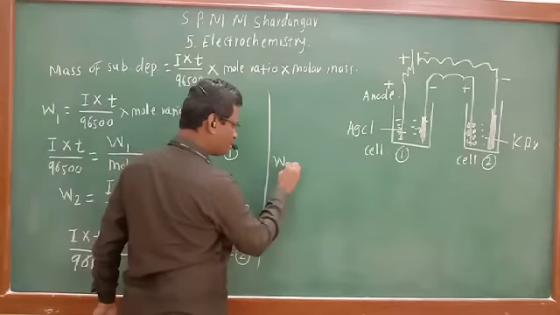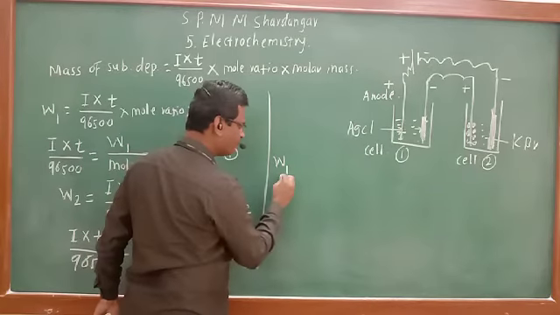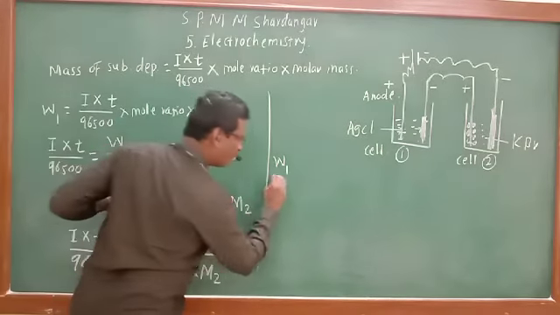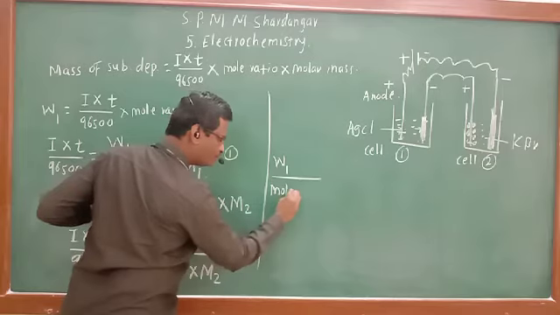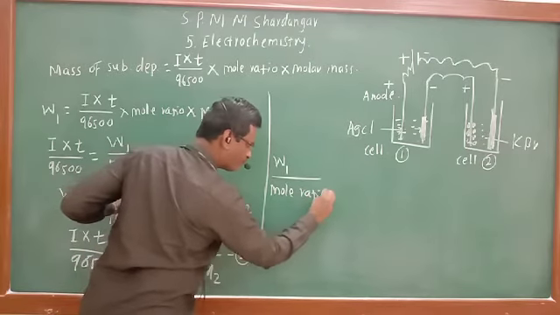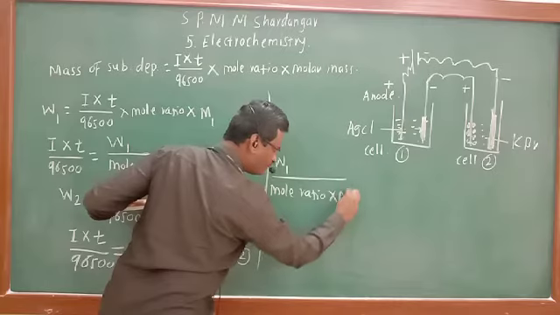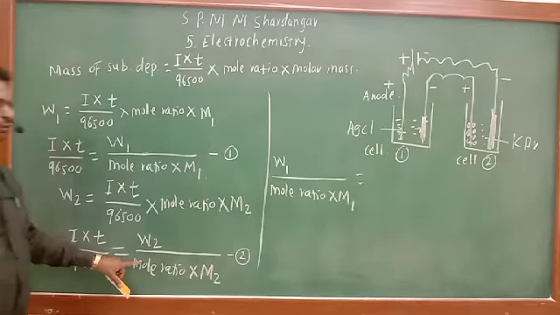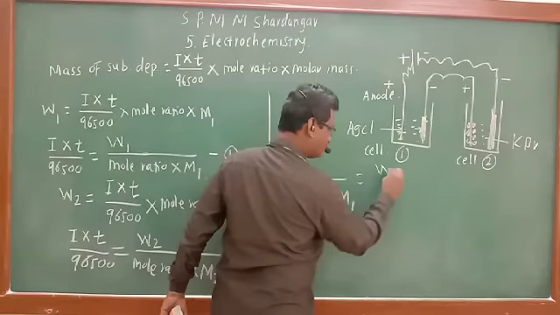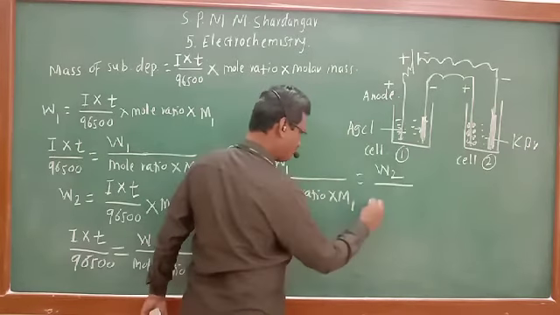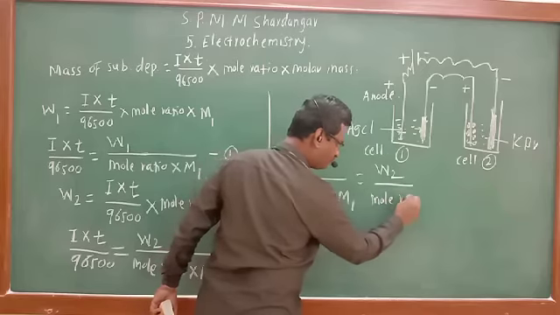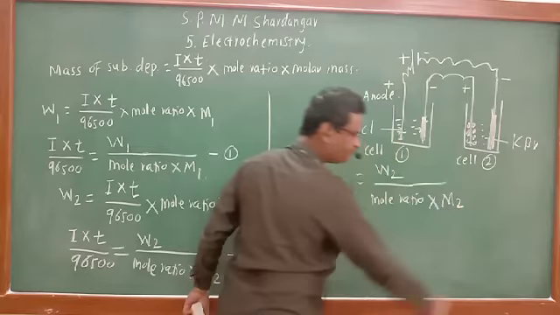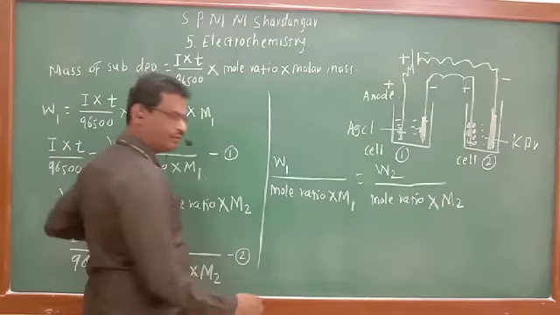So, the right side of equation 1 is W1 divided by mole ratio multiplied by M1, is equal to the right side of equation 2, that is W2 divided by mole ratio multiplied by M2. Now what is W1?